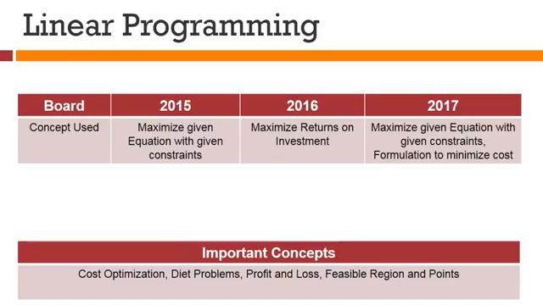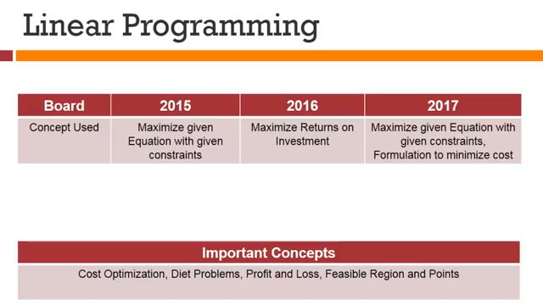And if you see questions before 2012 or 13, the questions used to be good, and there used to be a variety, as I have written in the important concepts: cost optimization, diet problems, profit and loss, feasible region, and feasible points. Obviously these things are important to be kept in mind. And 2007 again, as I told you, there were 2 questions. The 4 marker was to maximize the given equation with the constraints given, and in the 2 marker they asked for the formulation to minimize the cost.